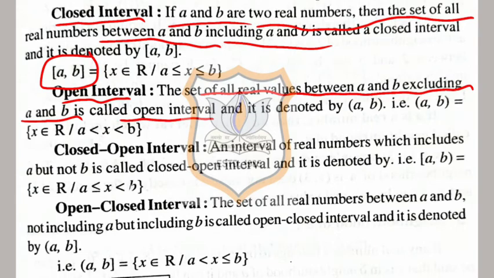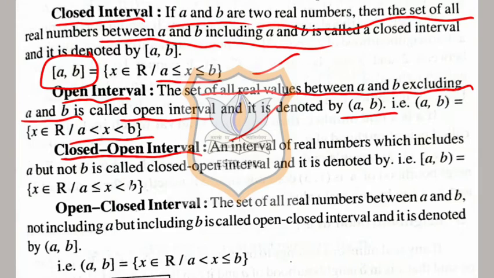And the symbol for open interval is (a, b). In both the cases, a is less than b. So in the first one, since a and b are included, it is written as a ≤ x ≤ b. And in the second case, it is written as a < x < b.